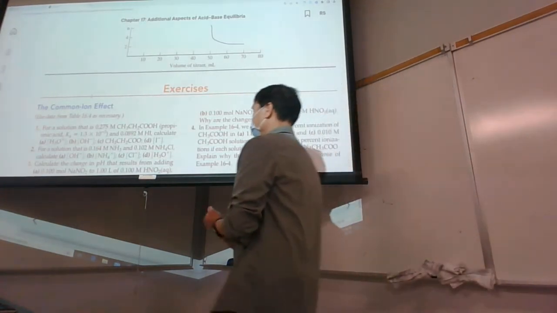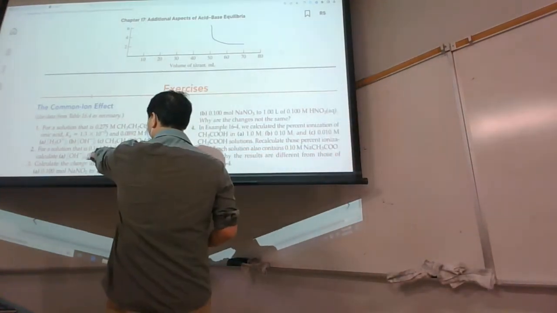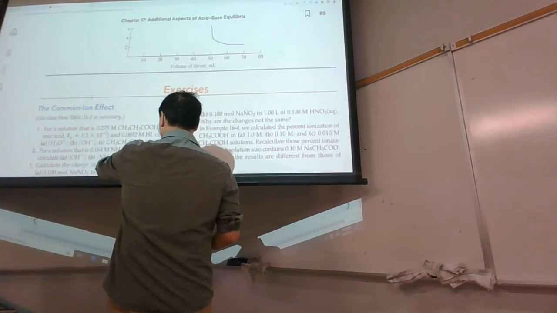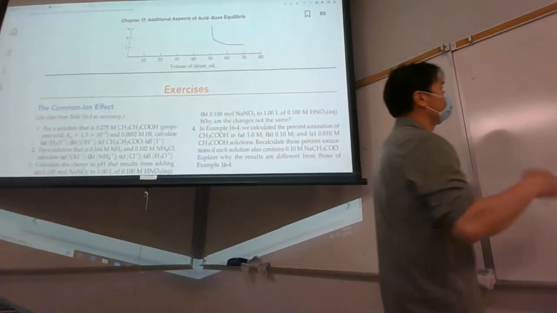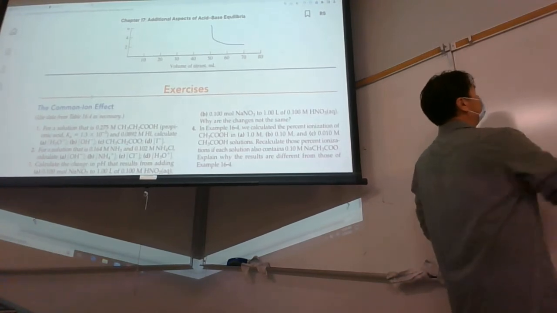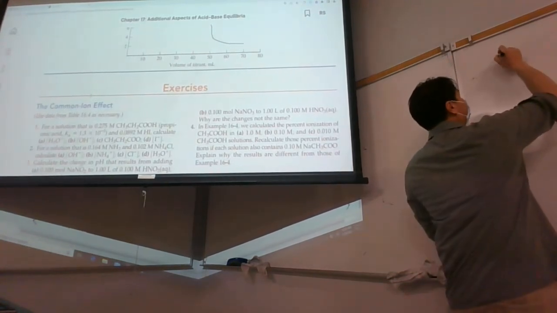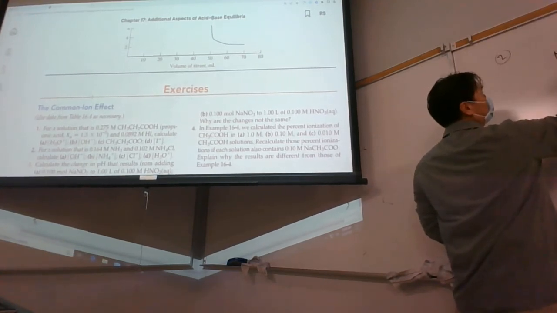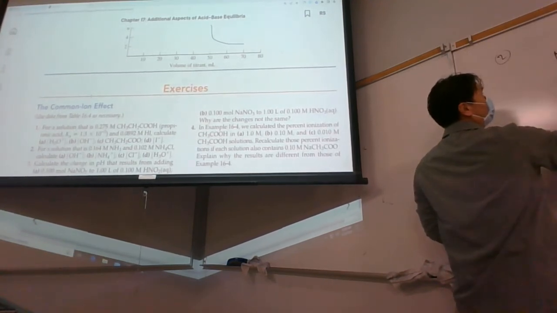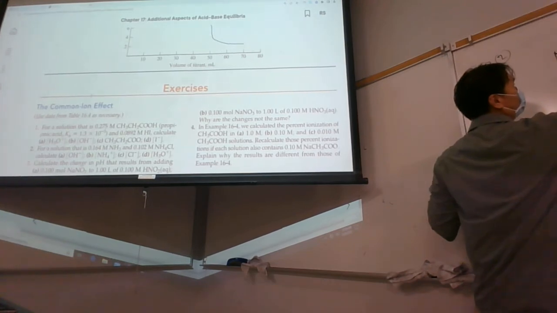So 0.164 molar ammonium and 0.102 molar ammonia. So we have the excess of ammonium, but how's that going to impact it? What we do in mixtures is we take the strongest acid, which would be ammonium, chloride's neutral, and the strongest base, which would be ammonia.